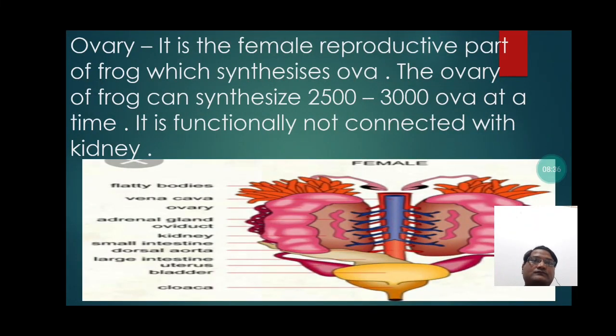Ovary, it is the female reproductive part of frog which synthesizes ova. The ovary of frog can synthesize 2500 to 3000 ova at a time. It is functionally not connected with kidney.